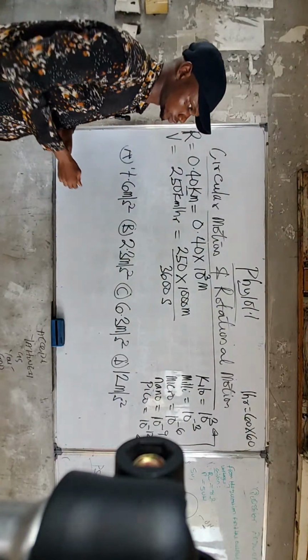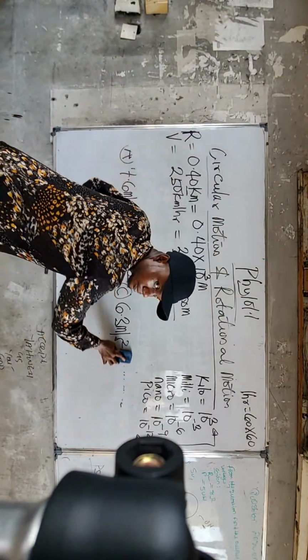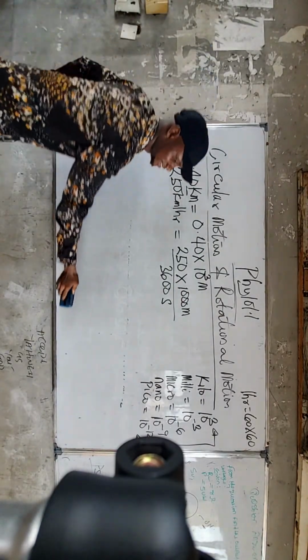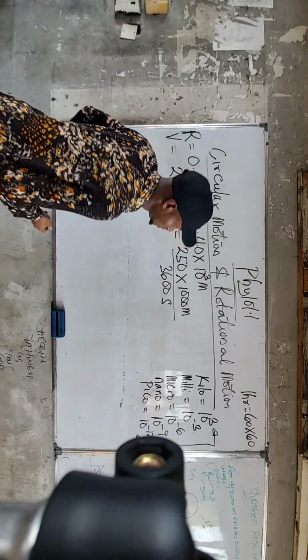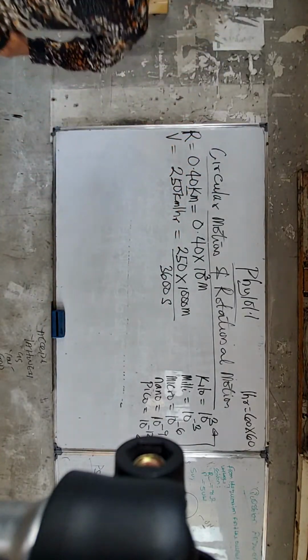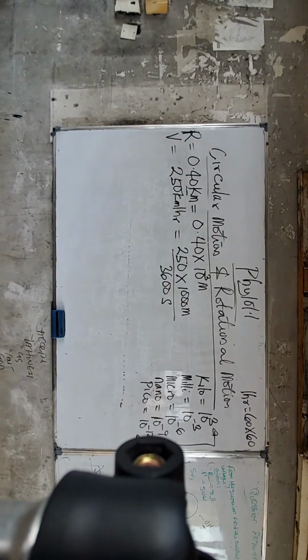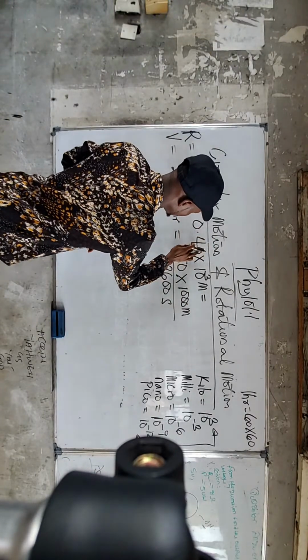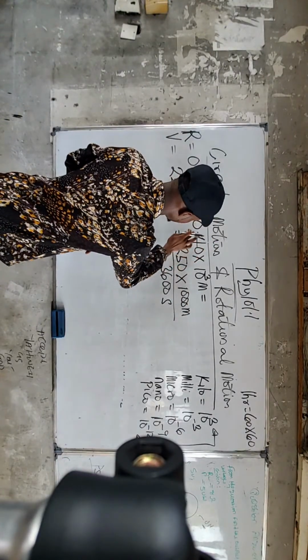So now let's punch our calculator, please. Where is my calculator? Okay, now let's punch our calculator. When you punch your calculator here, this is 1, 2, this will be off.